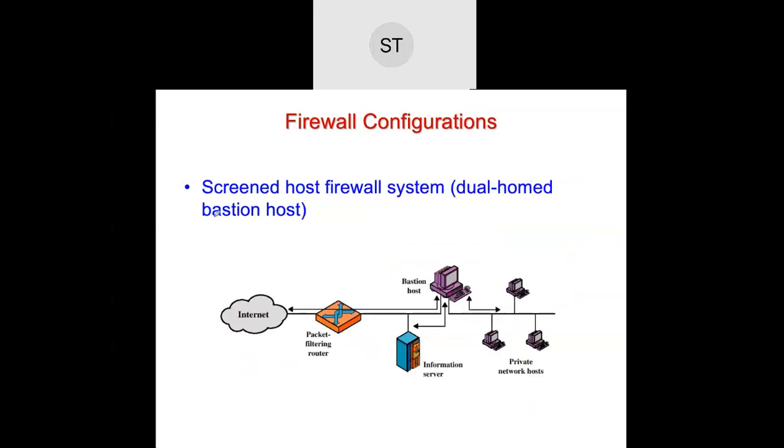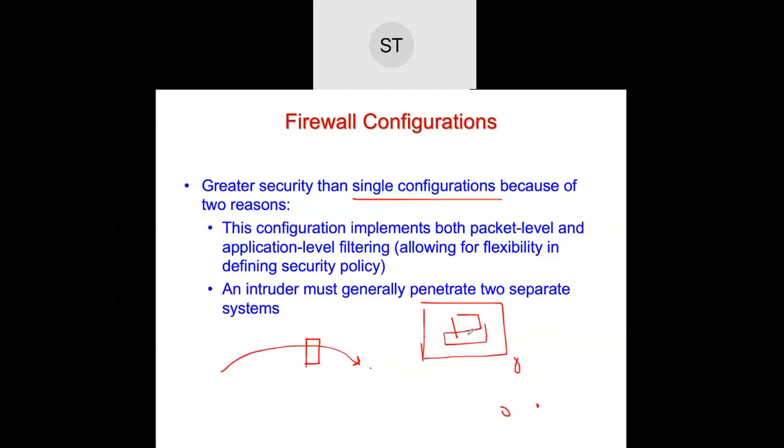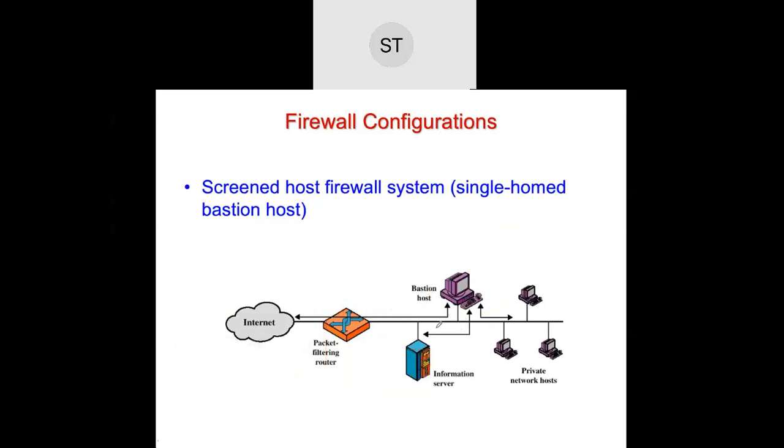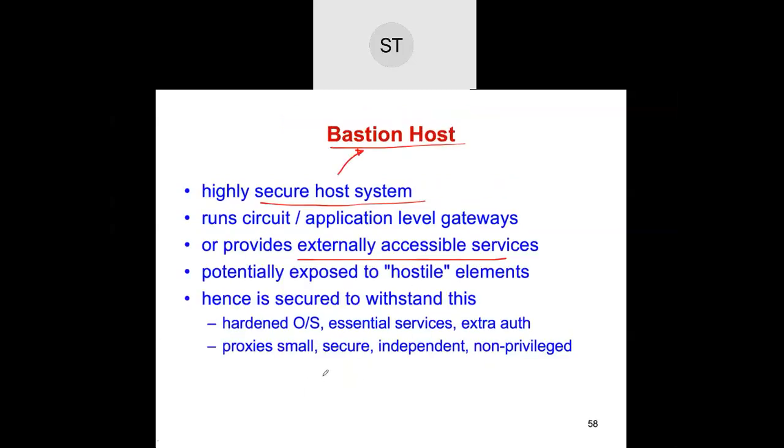Now slightly changed, this is called a screened host firewall. Here the difference is this. I'll erase all. What you can see here is it is part of this particular system.